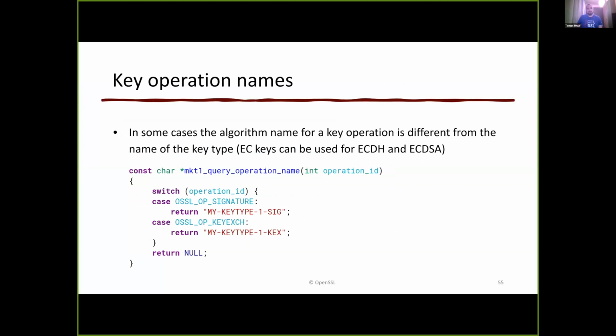For this reason, we have this query operation name function in the key manager dispatch array, which should return the operation name for this operation ID for this key type that we implement. So here we have, for example, returning my key type 1 sig for the signature, and my key type 1 kex for the key exchange algorithm.